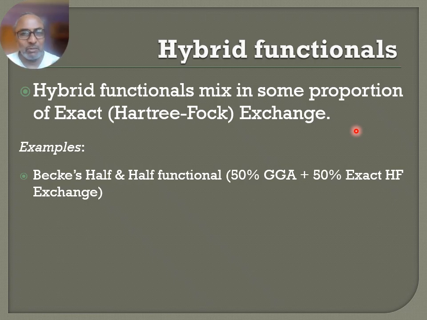Now, of course, this opened up the floor to a whole zoo of density functionals. You could mix in 40% of GGA exchange and 60% of Hartree-Fock exchange, or 70% of GGA exchange and 30% of Hartree-Fock exchange. You could generate a lot of papers and keep churning out such papers.